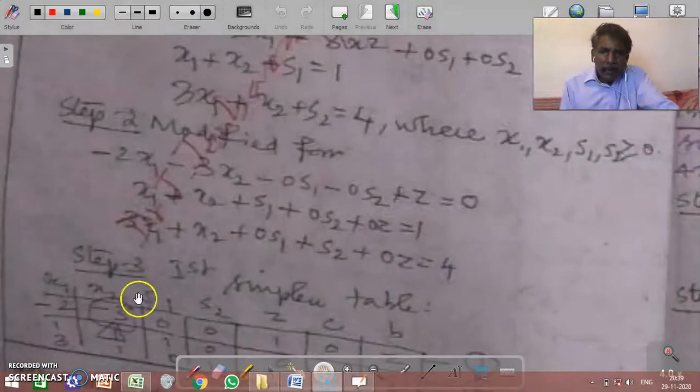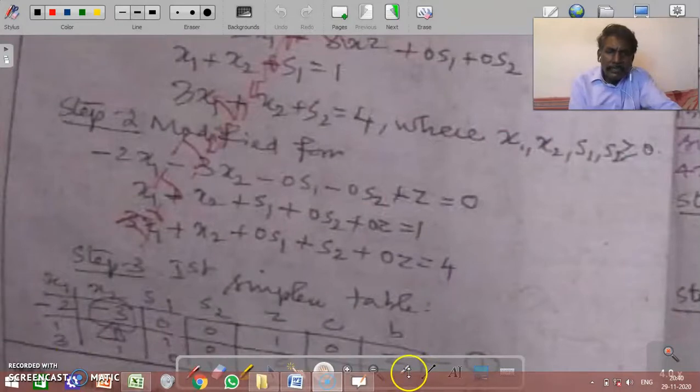A modified form is nothing but bringing the variables on one side and the constant on the other side. Take for example x1, x2, x3 or slack variables s1, s2 or surplus variables s1, s2, we are bringing on one side and the constant on the other side. That's what we call a modified form.